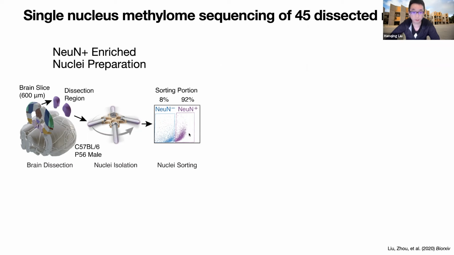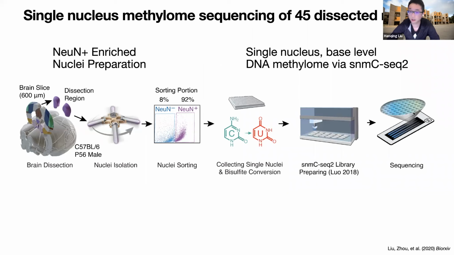And then we perform FACS sorting to sort 92% of the cells from the neuron positive gate, and we also cover 8% from the neuron negative gate. Then the cells are sorted into 384 well plates, one cell per well, and each undergoes bisulfite conversion and snmC-seq2 library preparation separately. And then we do the sequencing to get the cell methylome.